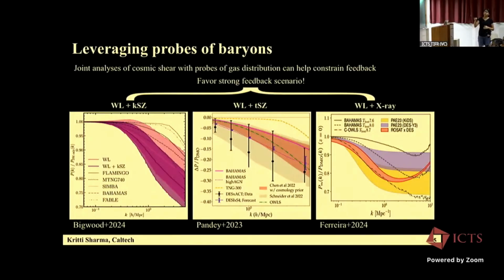There are several other works which have tried to combine cosmic shear or weak lensing with TSZ or X-ray observations. All of these are probes of baryons, and they probe baryons at different halo mass scales. So if you can combine cosmic shear with other probes of gas distribution, you can constrain feedback directly, and it would help you break the degeneracy between cosmology and astrophysical feedback.